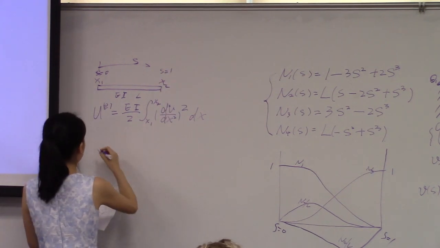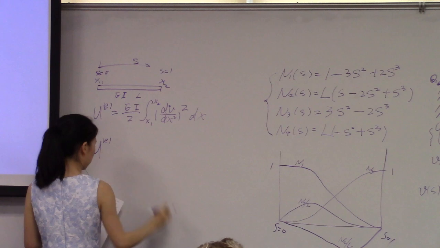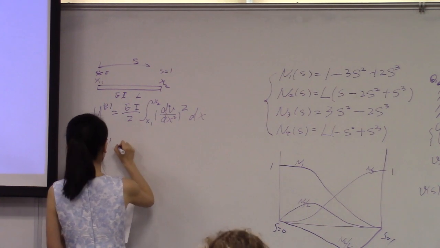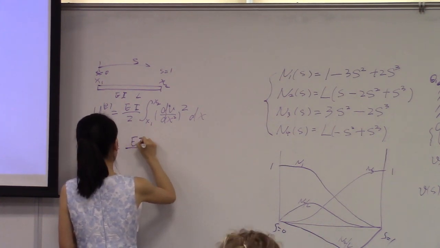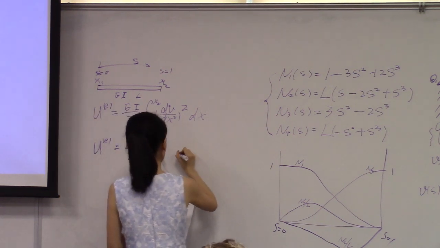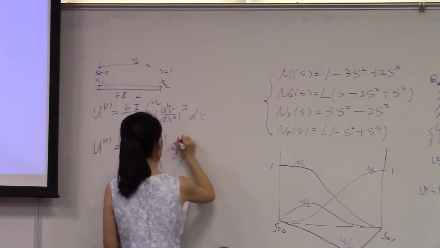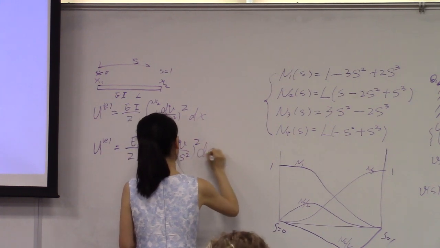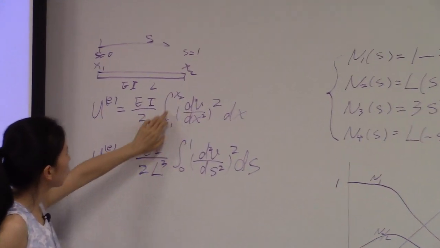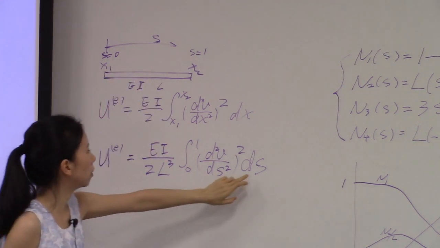To convert it to the s coordinate, we change x1, x2 to 0 to 1, because the s coordinate is always 0 here and 1 here, and ds here.